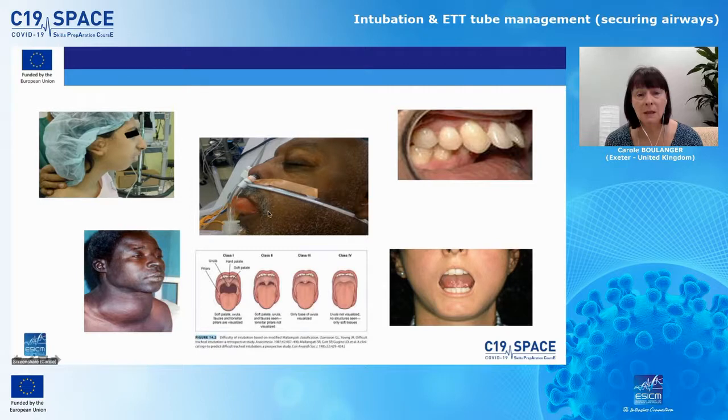The gentleman in the middle has a very swollen, protruding tongue, and that edema may progress further back into the airway, and that does make things more tricky when we're trying to find the right place to place the ET tube. People with teeth like this also challenge, and those with poor mouth opening, as you see in this lady here.